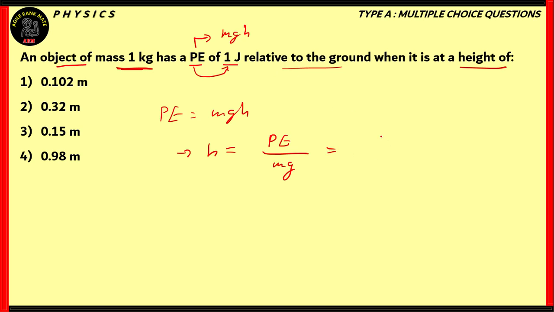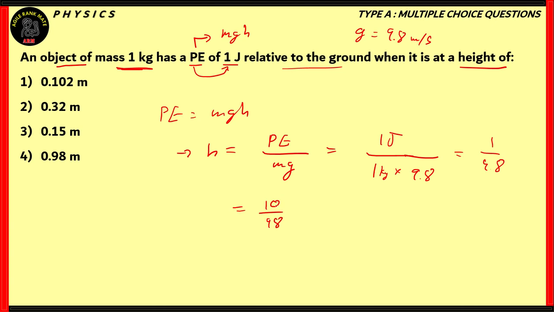Potential energy is given as 1 joule. The mass of the object is 1 kilogram, and we're going to take g as equal to 9.8 meters per second. So basically it becomes 1 by 9.8.